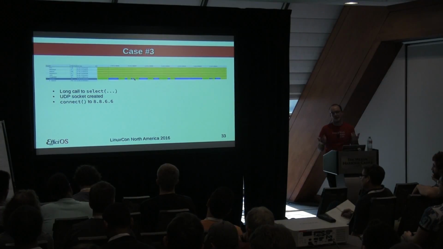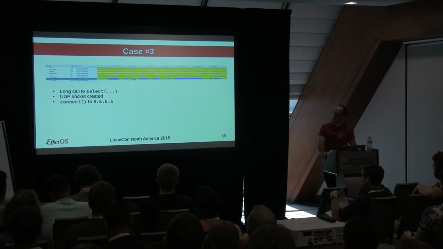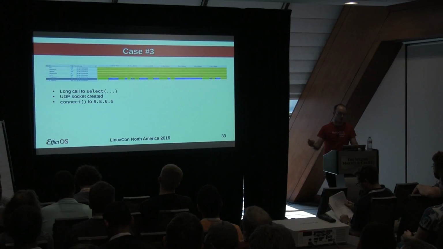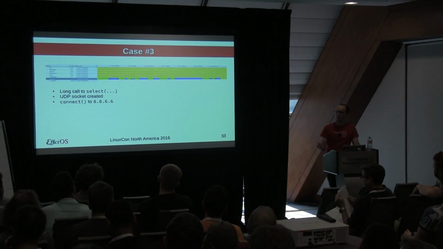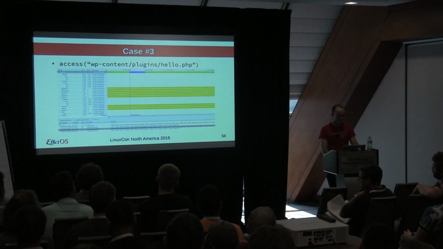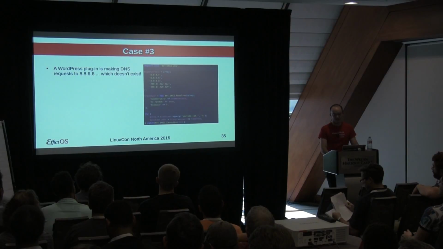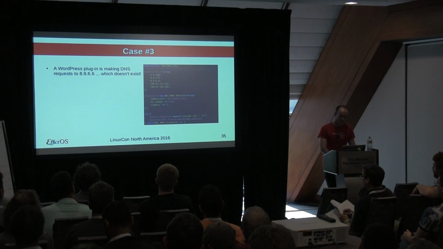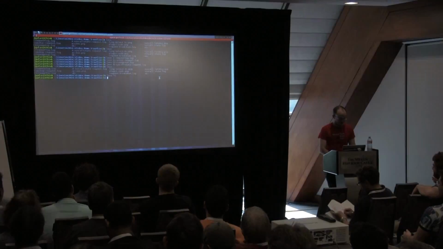Using connect in the case of a UDP socket is just going to set the default destination address to 8866. I know 8844, 8888, but 8866 is kind of weird. If I look at the code of that WordPress plugin, we're seeing that it does its own DNS resolving. And someone probably copy-pasted that line and figured out that 8866 should work. Case closed.